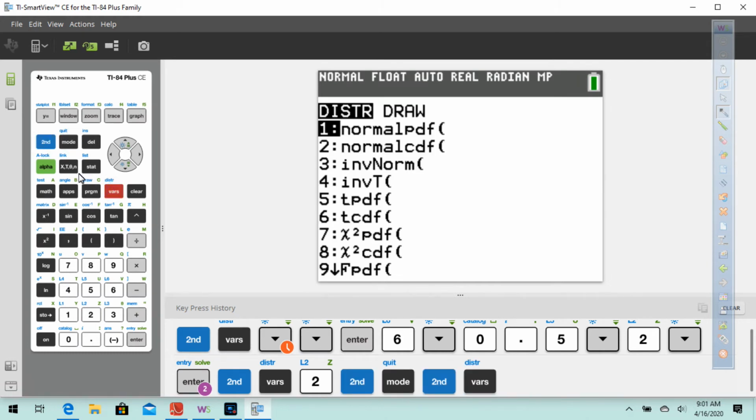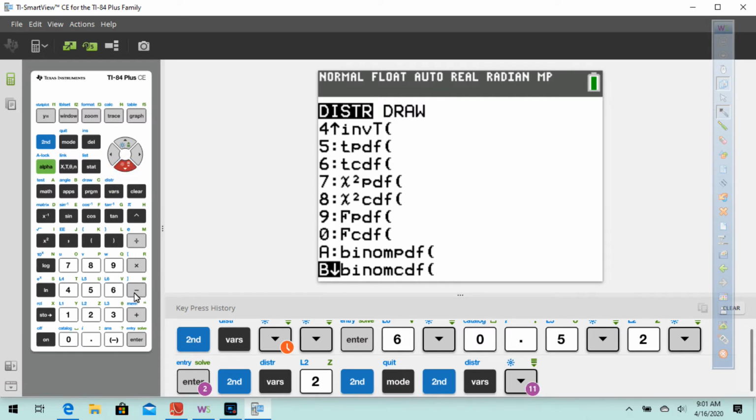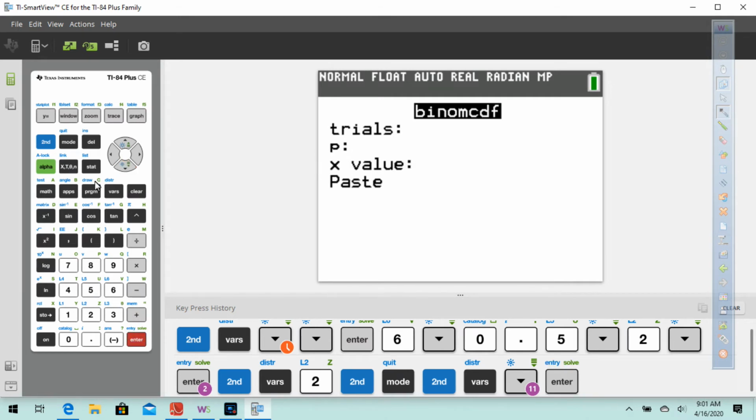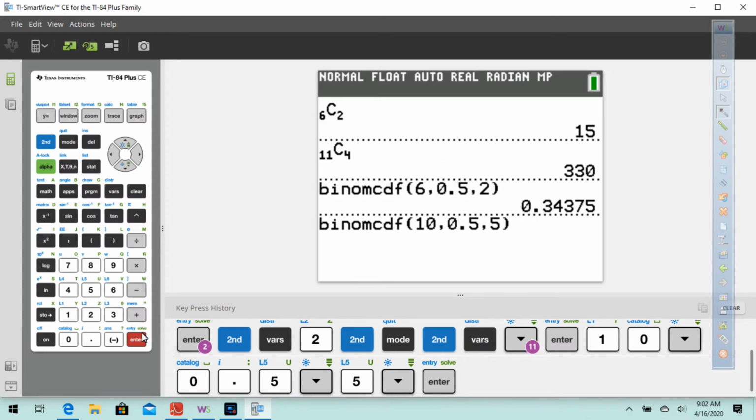Second distribution, we want to go down here to B, Binomial CDF. Trials, 10. P is going to be 0.5. X value, we're going to put in 5. And then paste, and then press enter.